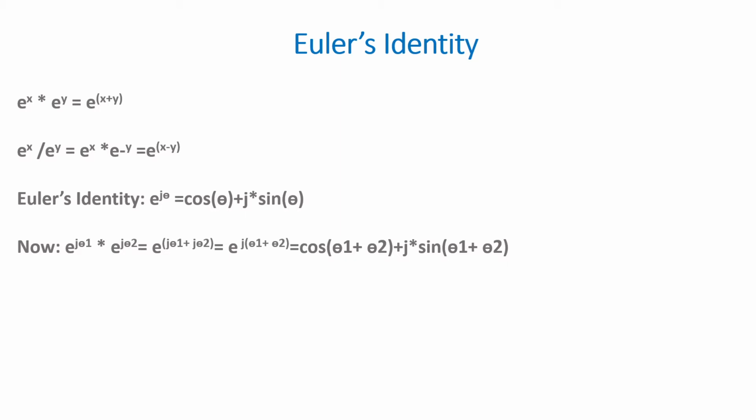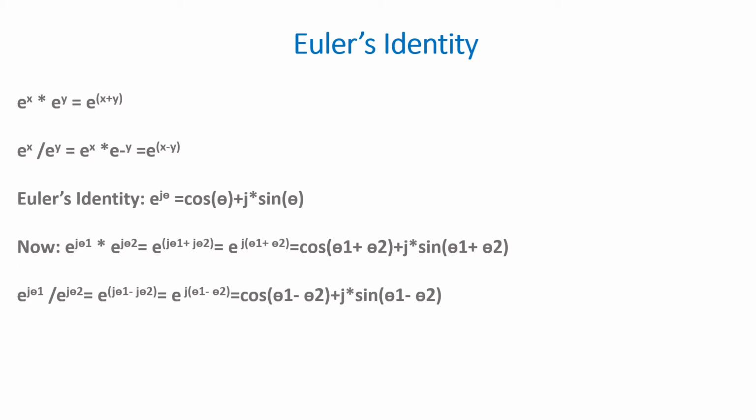So e to the power of j theta 1 times e to the power of j theta 2 is equal to e to the power of j theta 1 plus j theta 2, which is equal to e to the power of j times quantity theta 1 plus theta 2. It's just factoring out the term j, which is equal to cosine theta 1 plus theta 2 plus j times sine theta 1 plus theta 2, which is just Euler's identity.